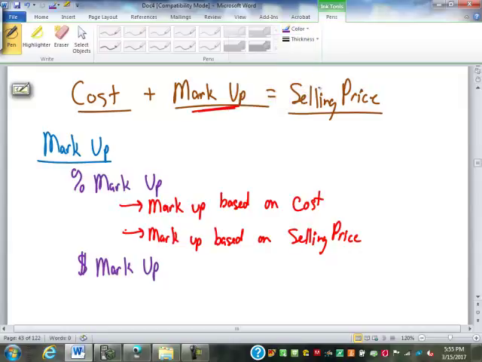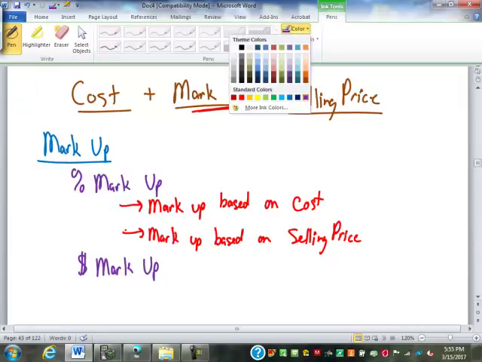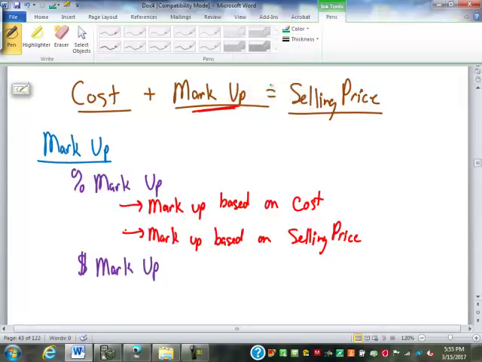The tough part with these two things is the process is extremely similar between the two of them with just a couple of very, very subtle differences. So the tough part is keeping the processes straight. Now, the markup based on cost is kind of the common sense one.